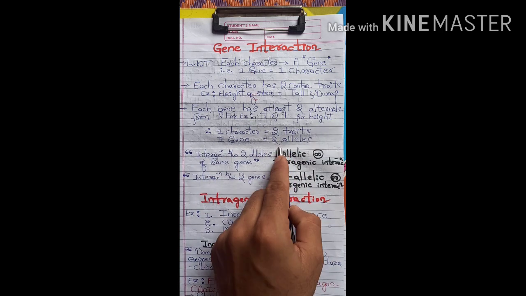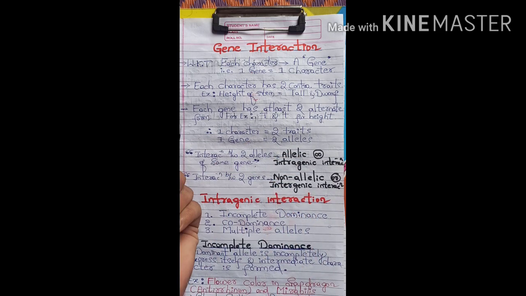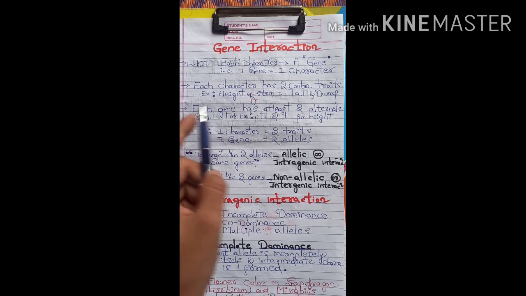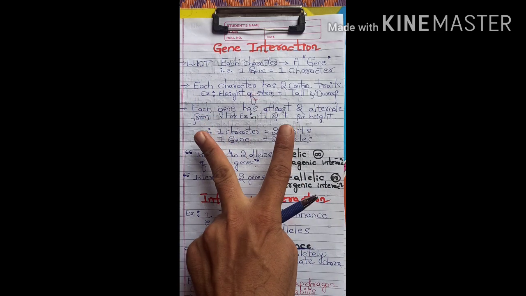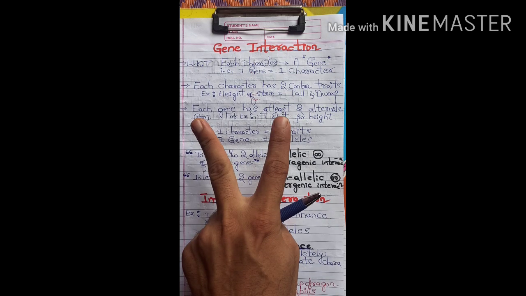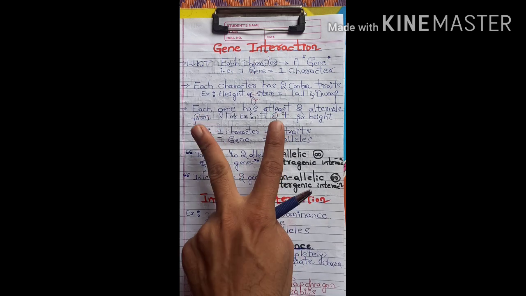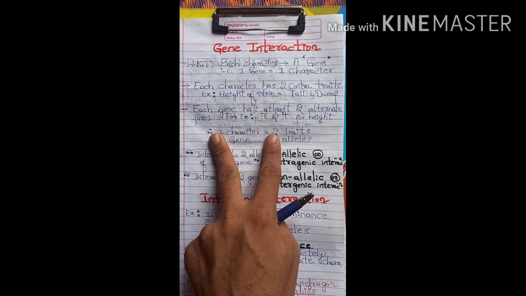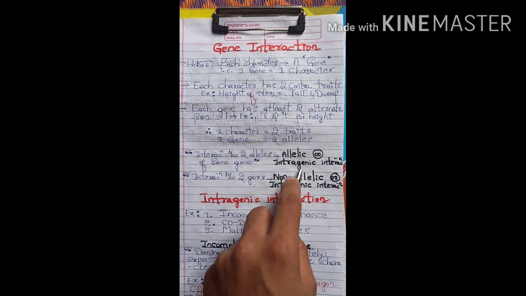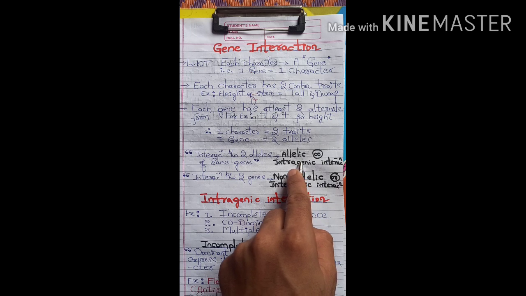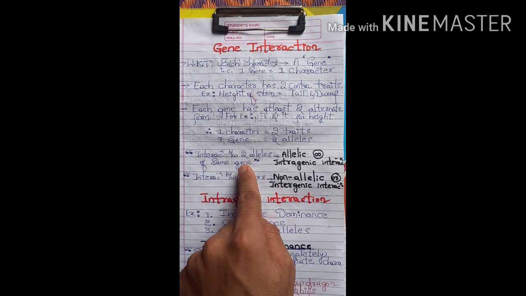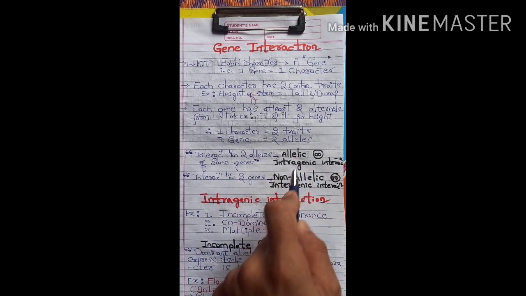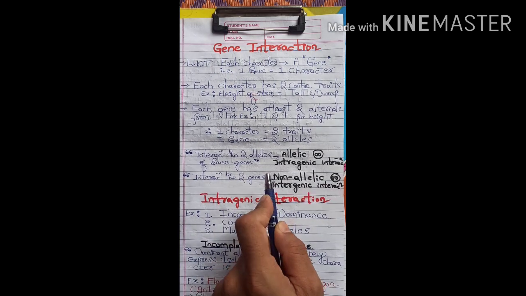Suppose the fighting takes place between your neighbor, that is between two families, so when the fighting takes place between the members of two families, that is gene interaction. When the fighting takes place between members of the same family, it is the allelic interaction. Same gene, but here alleles are involved; there, two totally different genes are involved.